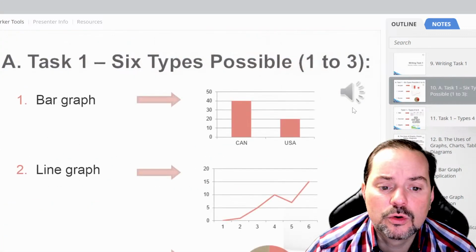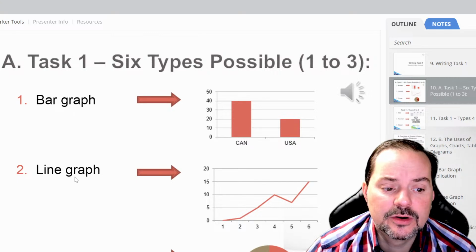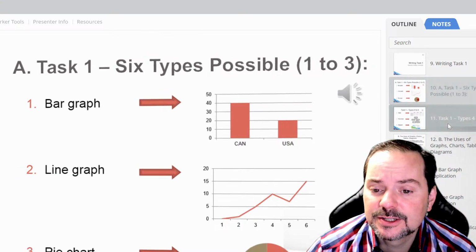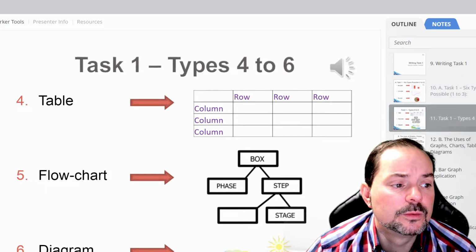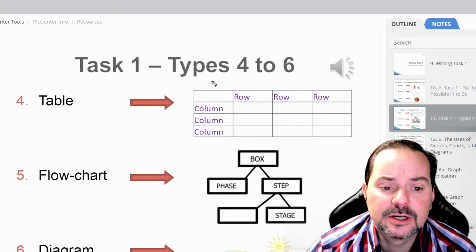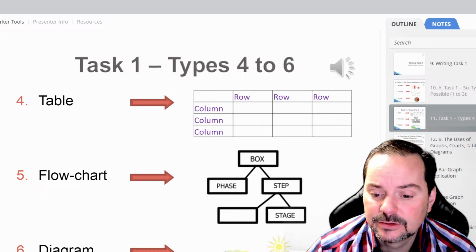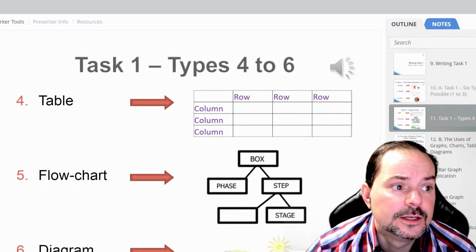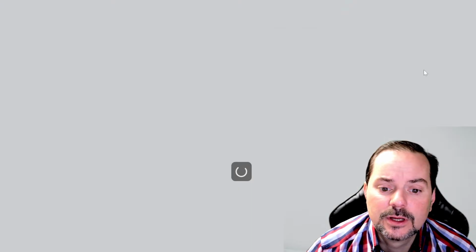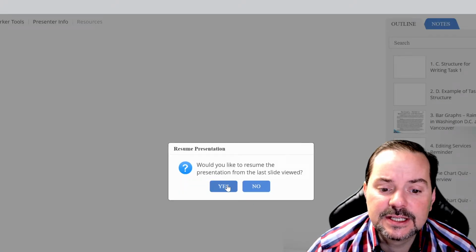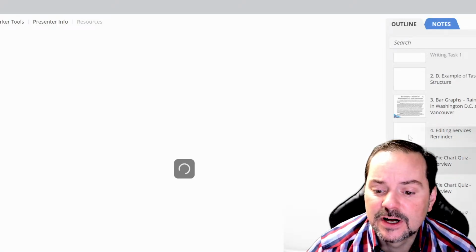Basically, the course lists 6 types: bar graphs, line graphs, pie charts, and of course tables. What we're working on right now. And there's a lot of good associated vocabulary. So again, columns go down like this, rows go across like that. Okay. Now, as you progress in the course, you will see that each of these has a special function.